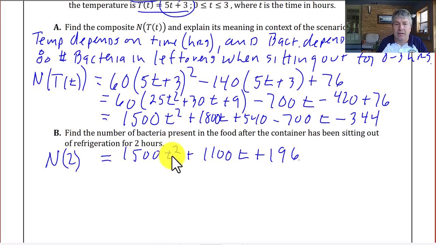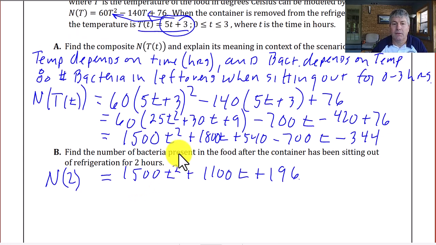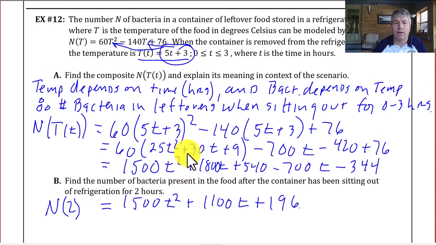And our t here is the number of hours, so this is a lowercase t in our function. So it's really N of t, N of t of 2.